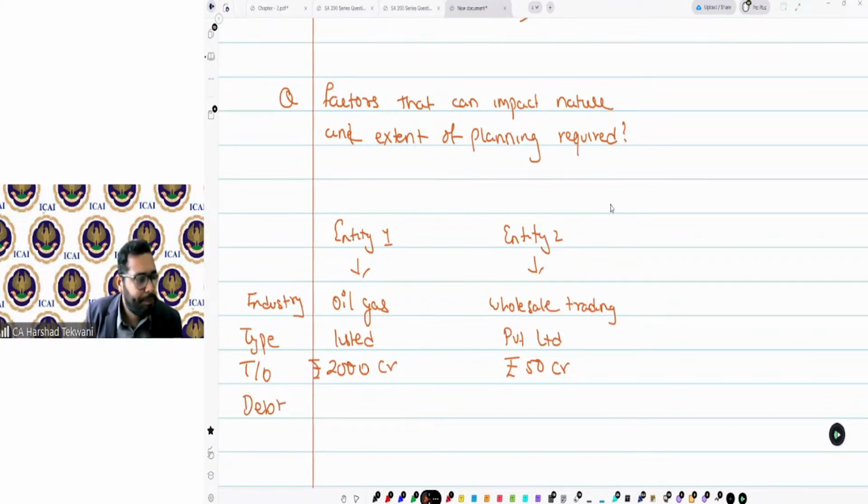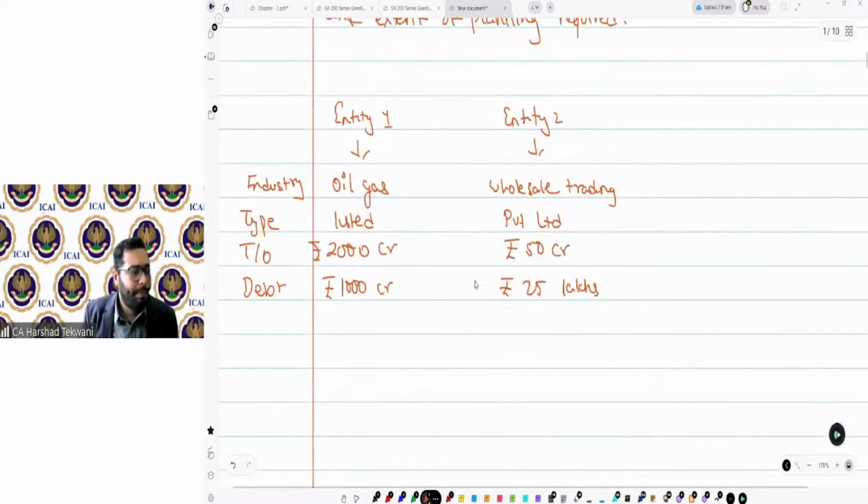Then debt, let's say 1000 crore, and here, let's say 25 lakhs. Small company. Then another example, divisions.